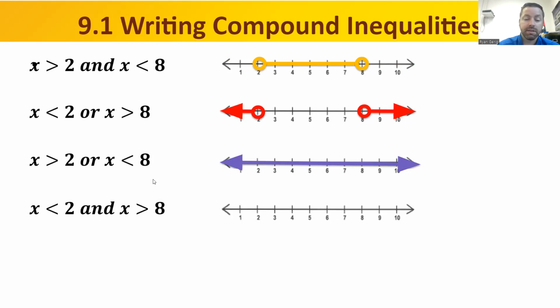What about and? x is less than 2 and x is greater than 8. Is there any overlap there? There's not. Since there's no overlap, this is one instance where in an inequality you have no solutions. It's not possible to have a number less than 2 and bigger than 8.